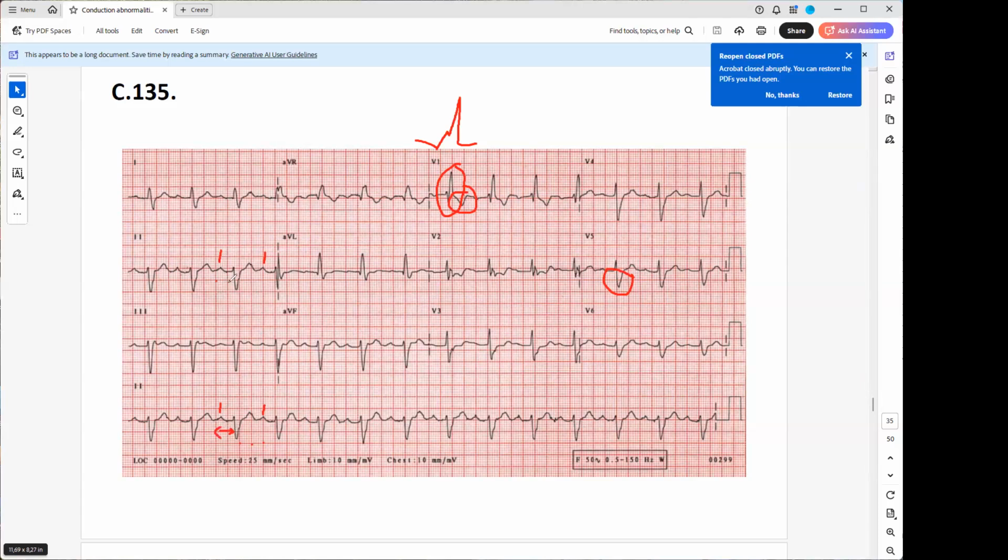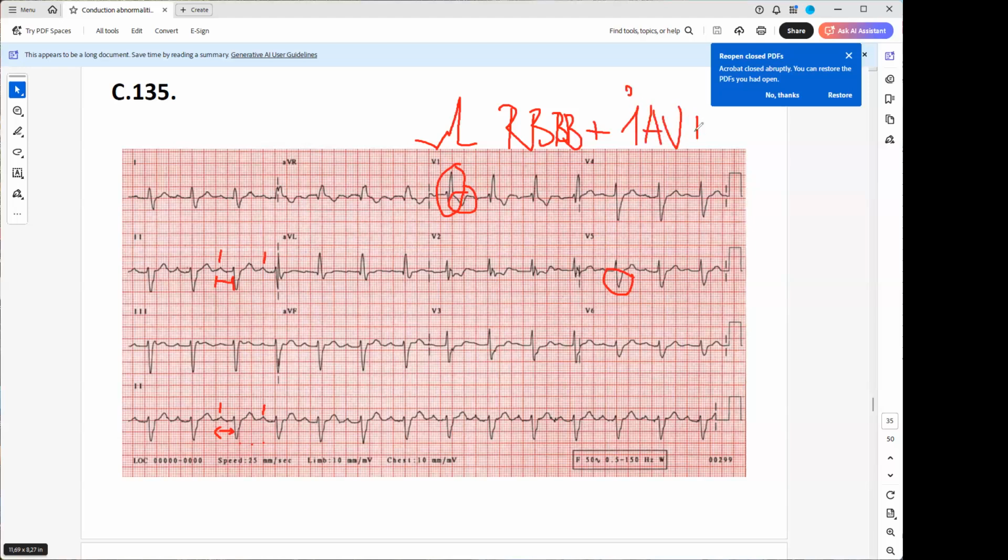So we do have a first degree AV block, because every P is conducted but slower than normal. We have a wide QRS complex, and it looks like a right bundle branch block. We see this M complex in V1, plus we have a first degree AV block.